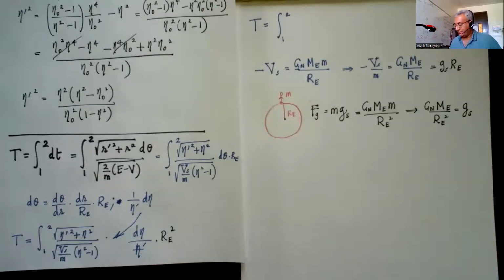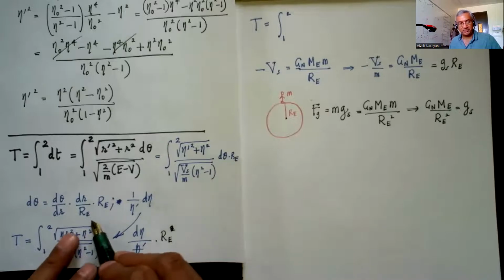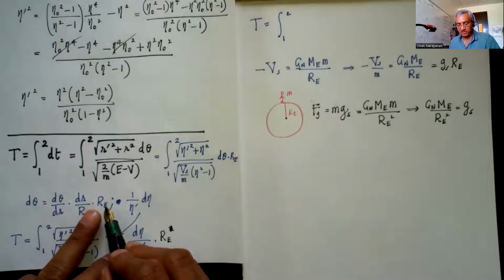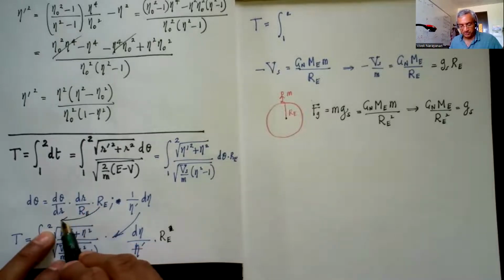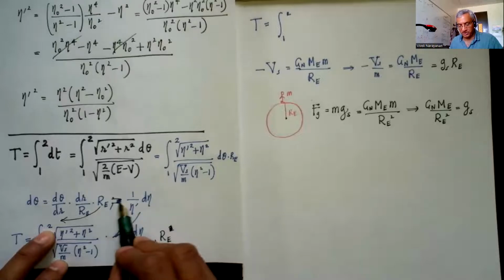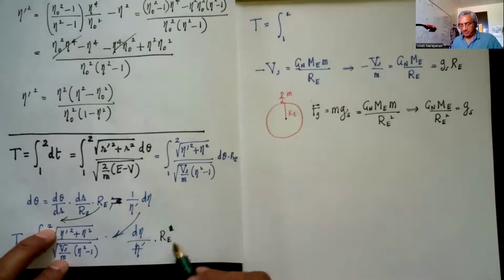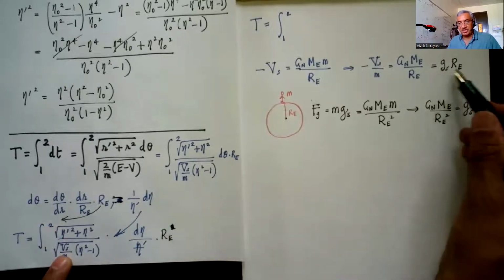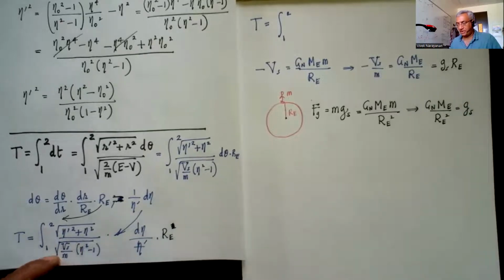There's one r sub e left, not two, because one of the r sub e's is already used up in this. There's one r sub e here, but I've taken that r sub e downstairs to form this eta. So there's only one r sub e left. That r sub e that's left is here. But then I have a g sub s times r sub e under the square root sign, because v sub s is under the square root sign.